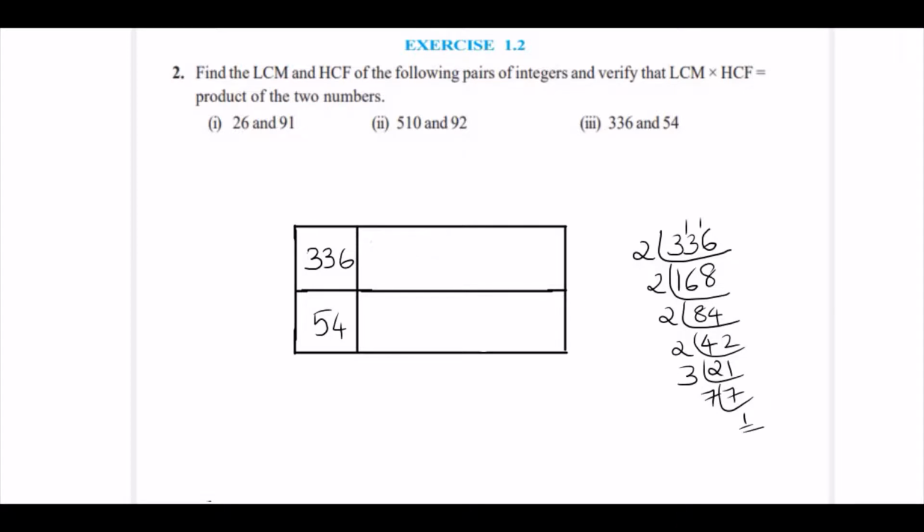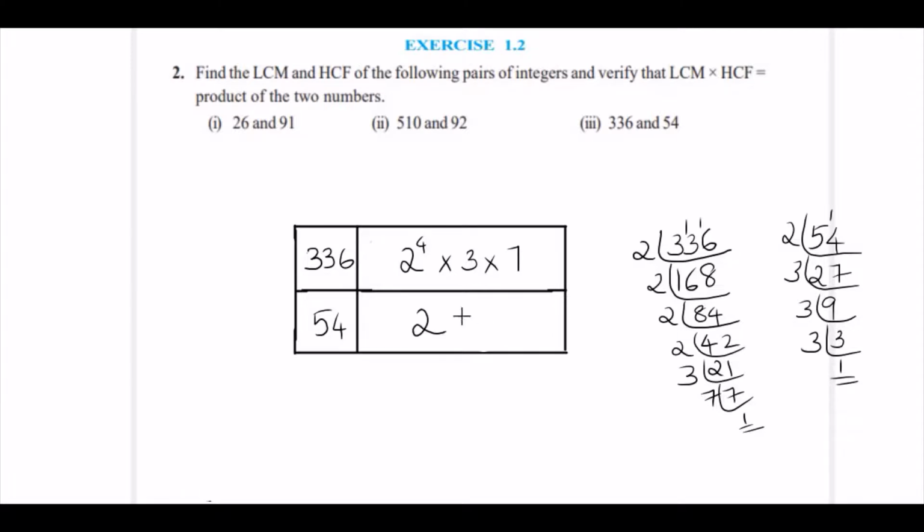So it can be represented as 2 raised to 4 into 3 into 7. Now take the next number and factorize. You get 2, 27. So 3 goes 9, 3, 3. That is 3, 1. So it can be represented as 2 into 3 cube.